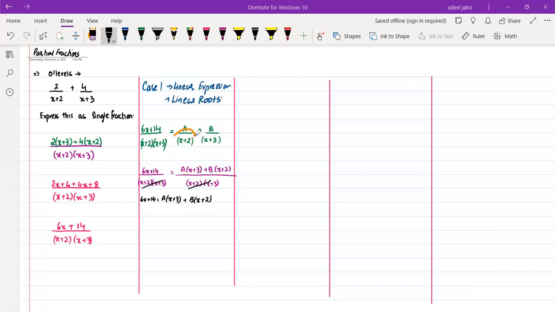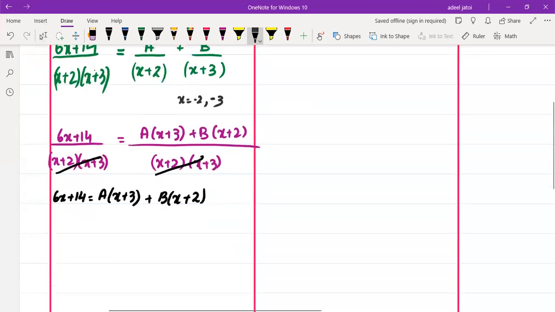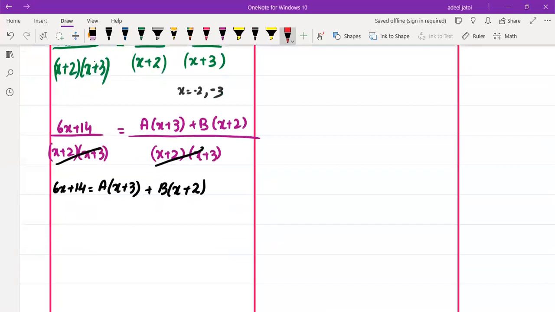So when you know that the roots are given, we can write down the values of x as well. Considering that x is equal to minus 2 and x is equal to minus 3, we can find out the values. As I said, the values of x, the roots, can help you find out the values in the numerator for a and b.